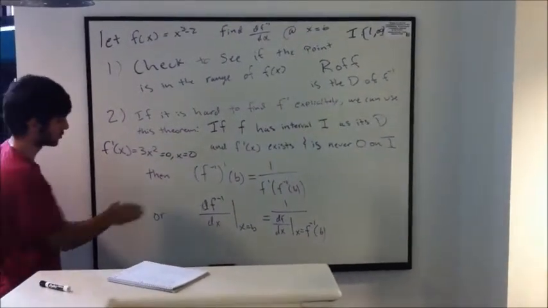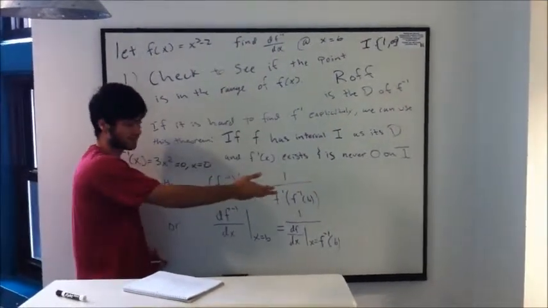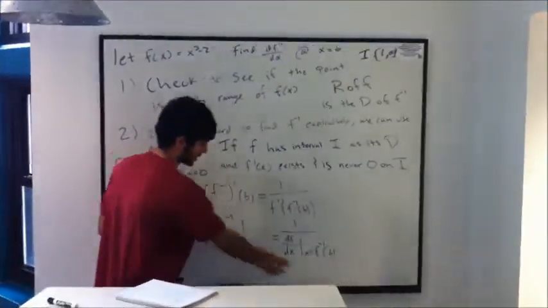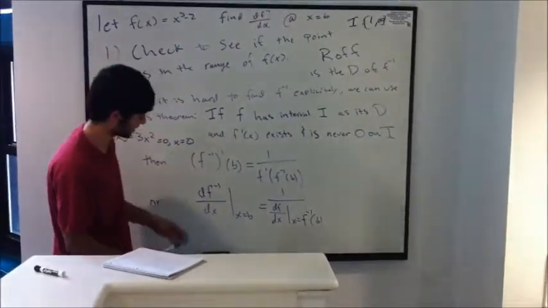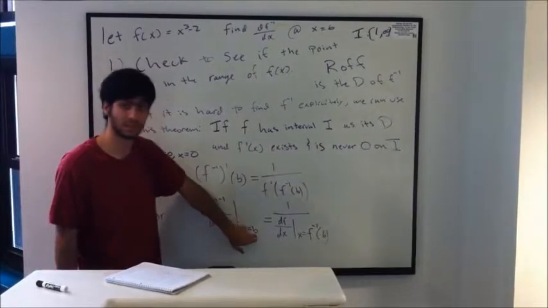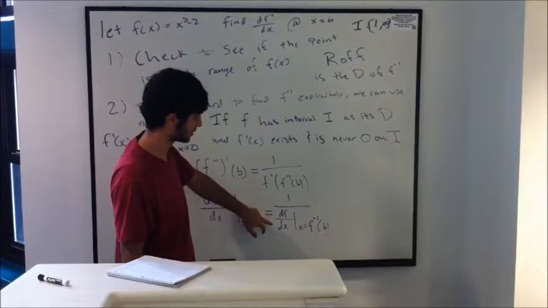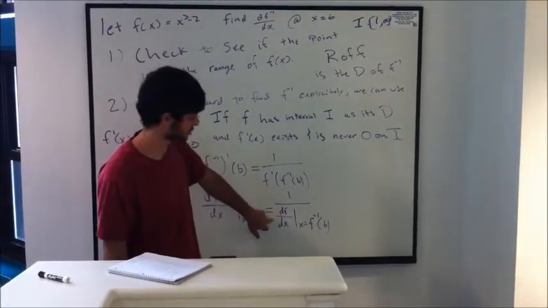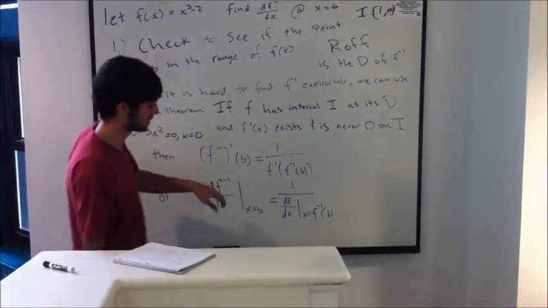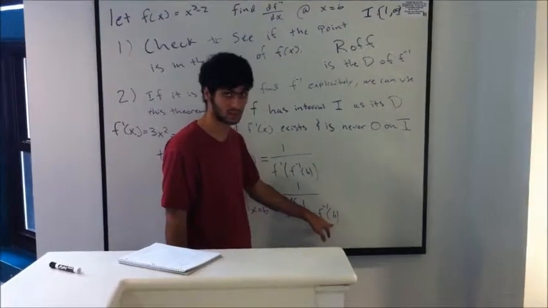So now, we're given these two formulas. They're the same thing, just written with different notation. I like this one, and this one makes a little bit more sense to me. So we're saying that the derivative of f inverse, which is what we're trying to find, at x equals b, so at some point b, is equal to 1 over the derivative of f, so just the regular derivative of f, which we can find, and we know that it's 3x squared, at x equals the f inverse of b.